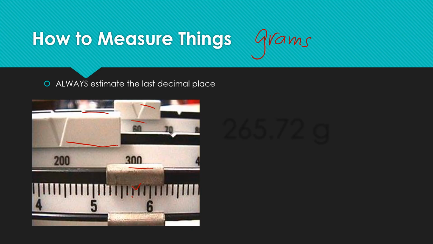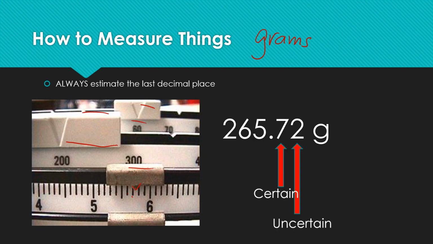Notice how even when I marked it up a little bit, it's not really towards the far right. It's actually kind of towards the left. So you have to give your best guess, and we would say 265.72 grams. And that 2 is the one we are uncertain about, and that's the one I'm going to be lenient on, but you can't give me something that's too far off, okay?